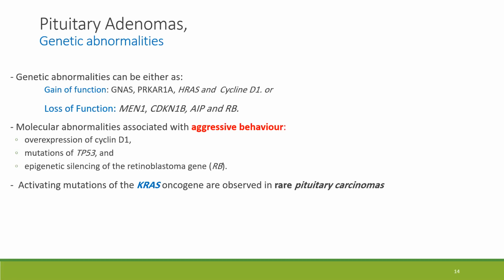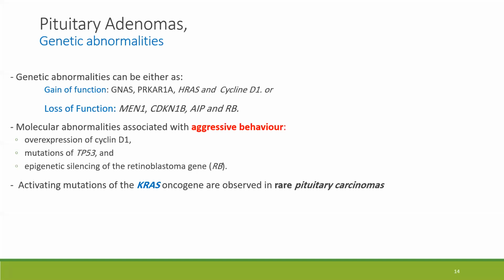Remember, with aggressive behavior, always remember cyclin D1 and P53. So P53 and cyclin D1 are the ones that associate with aggressive behavior. The KRAS mutation can actually be seen in some rare pituitary carcinoma.